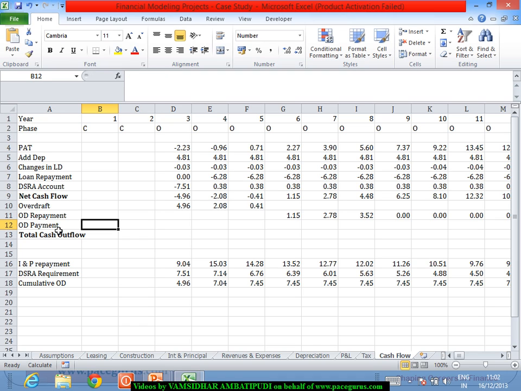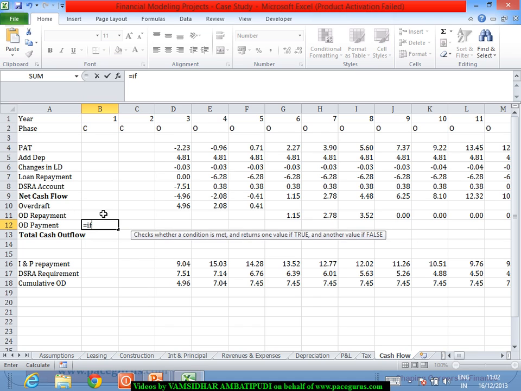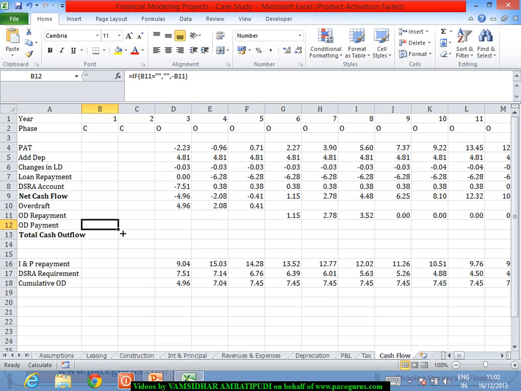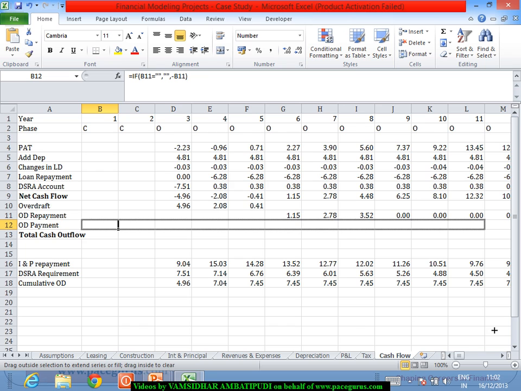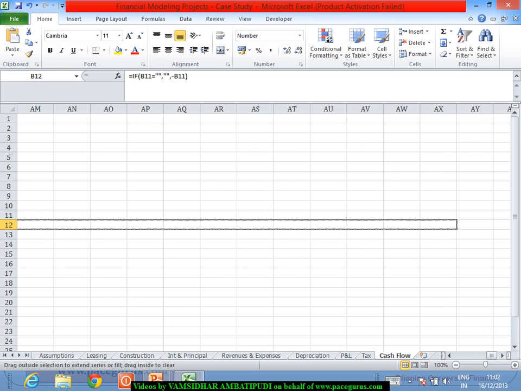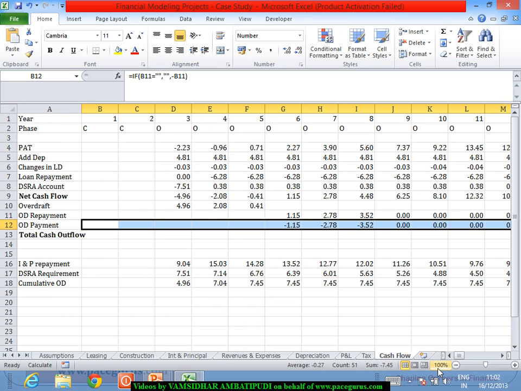For simple purposes, if this is equal to blank, I'll leave this as blank, otherwise I'll simply take the negative of this value, nothing more than that. I am creating one more additional field so that the negative can be addressed as part of another cell value.